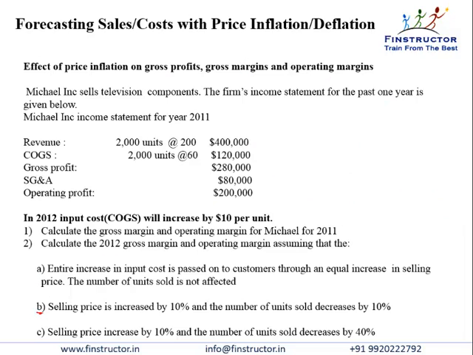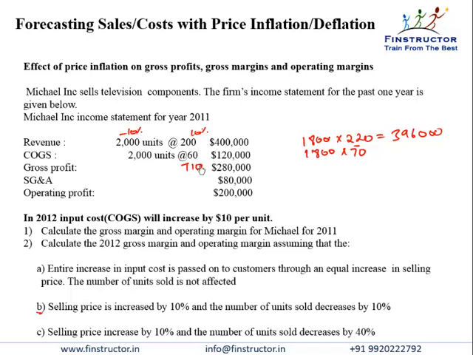So in option B, the revenue would be 1800 multiplied by 220 because the price has been increased by 10% and the volumes decreased by 10%. That is $396,000. The cost of goods sold would be 1800 into 70.